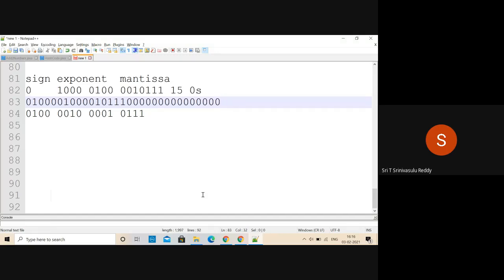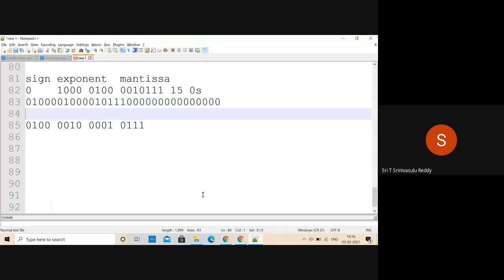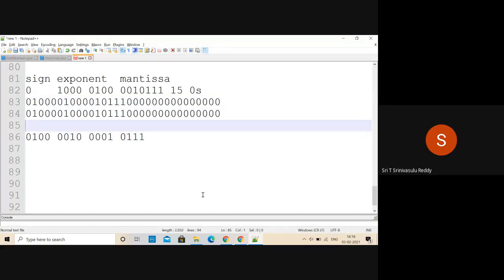So this is the actual number. Now that is to be formed into groups of 4. Now we should be able to easily insert a space at every place.